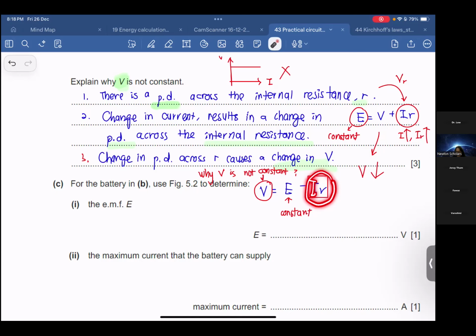If this part changes, then your V will also change because of this formula. Sometimes, in order to let the examiner understand well, you can also write the formula inside your explanation. Okay, 10 seconds for you to write down these three sentences for 3 marks.